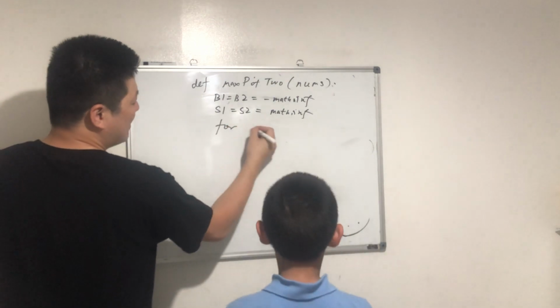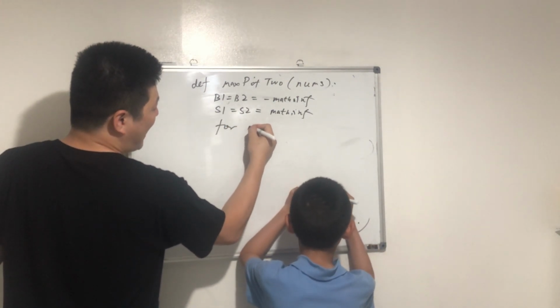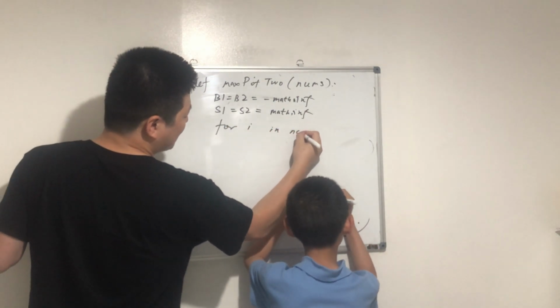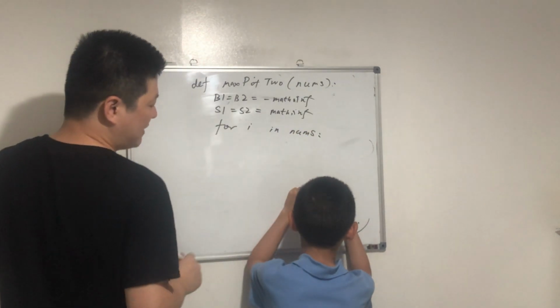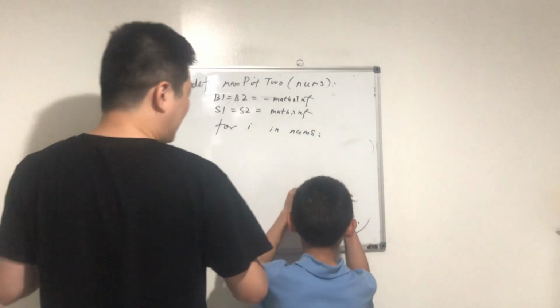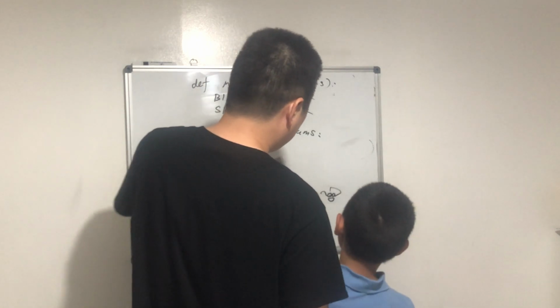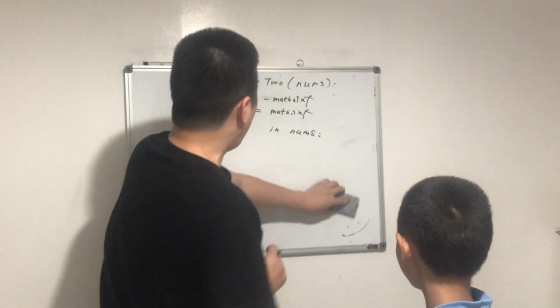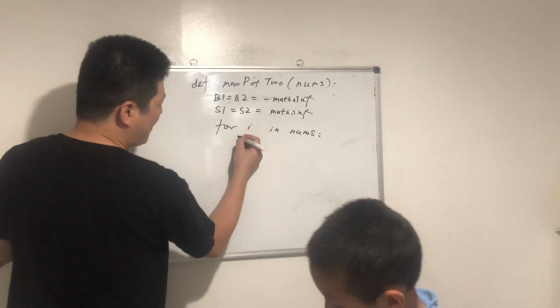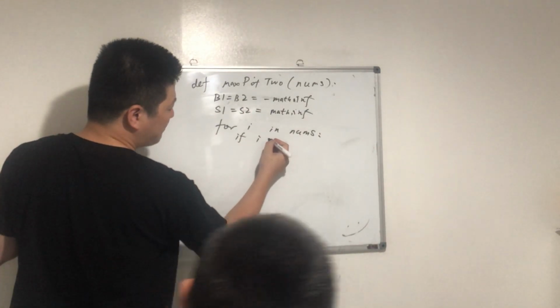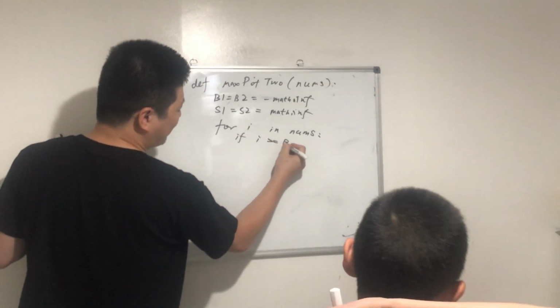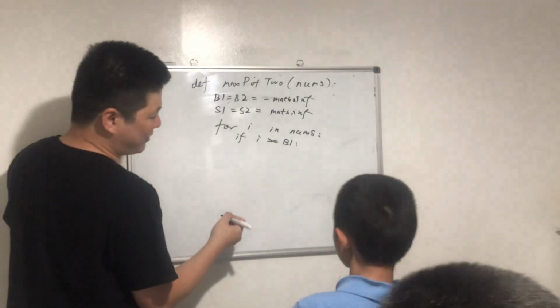So for i in nums, following the lines again. I is the current number. If I is bigger or equal than B1, which is the biggest one, so what should we do now?